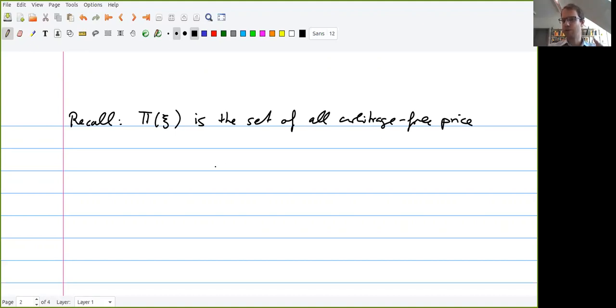The idea we had was, okay, these are those prices. If we enlarge the market by the price process of this option psi, this is still an arbitrage-free market. And this might be now not unique, I mean, not a set consisting of only one element. So in principle, it's a set, so there could be more arbitrage-free prices in it.